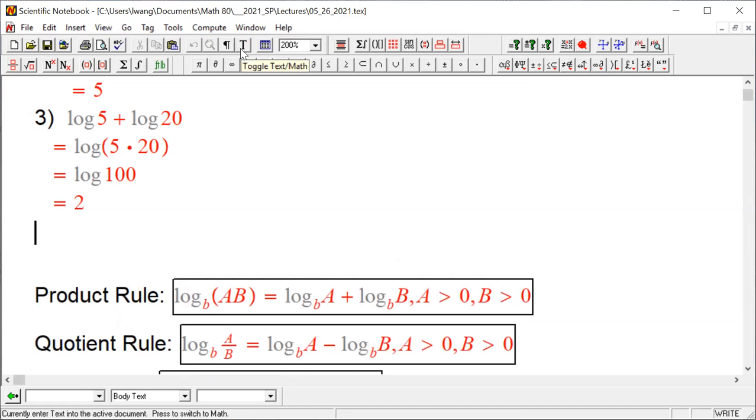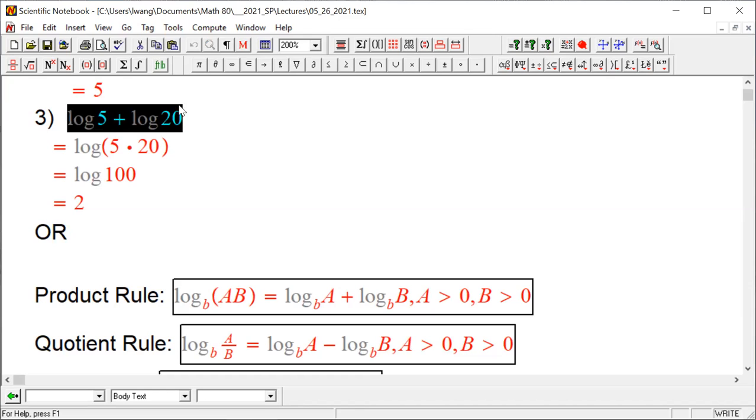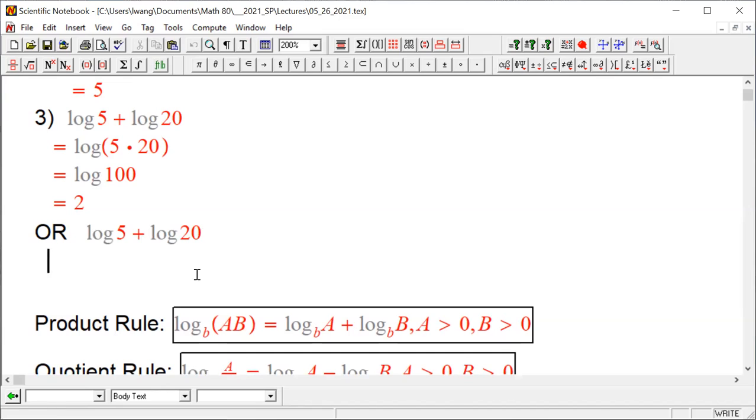Okay, so we still have a little bit of time left. I'm going to show you the other way. You don't have to do every way, but you may like to think about all these different ways. For example, can you do it another way?